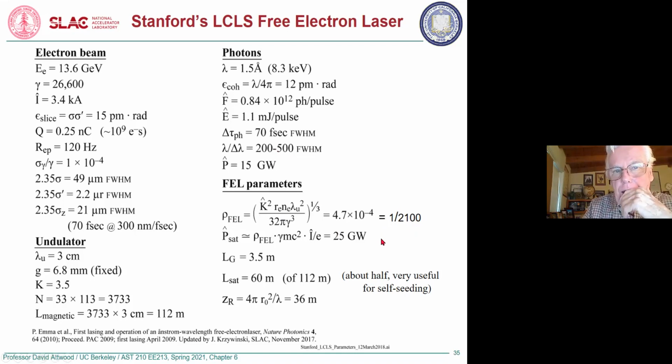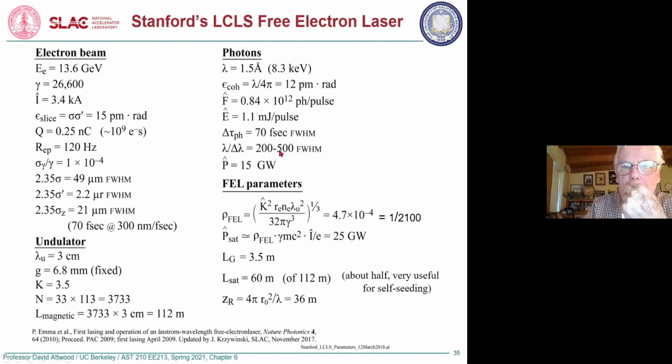So our calculated 1D bandwidth would have led to lambda over delta lambda of something like 660. So our 1D model would have given a narrower pulse, 1 over 660 rather than this. But these are the kind of numbers that they were observing in the laboratory, okay?